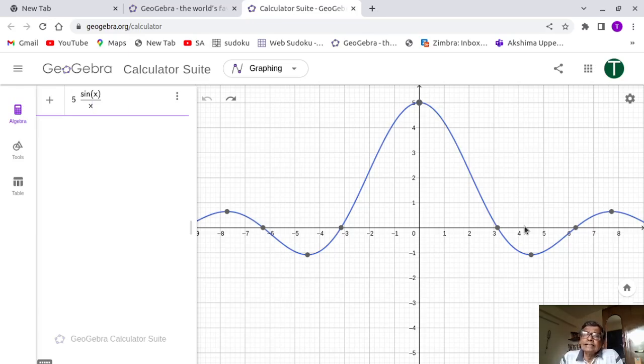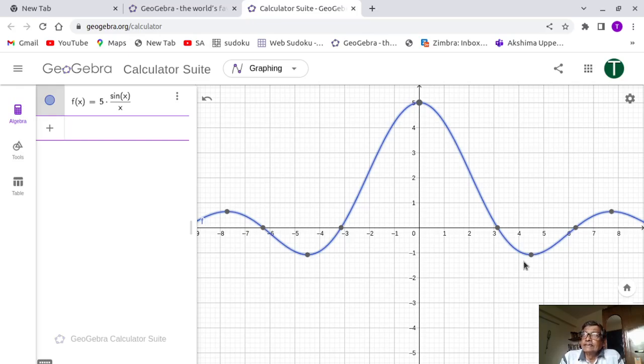This function is very much useful in signal processing. Anyway, let us not go into that, but as a first look, this is a very nice looking curve, and the description of the function is this.